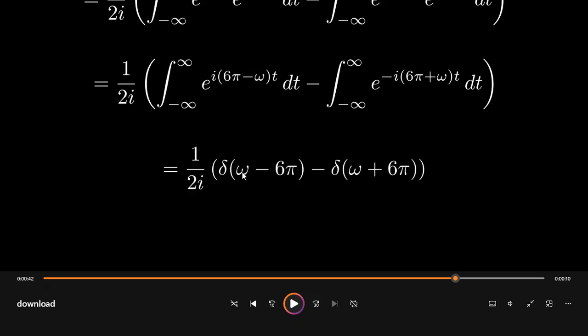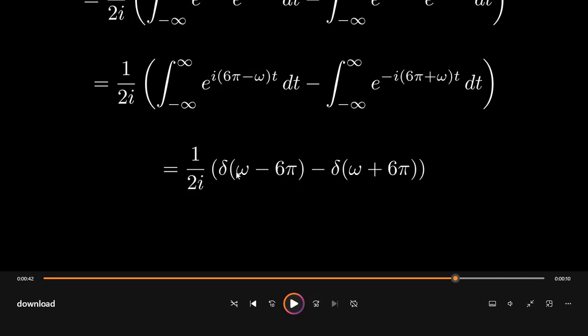So this integral is replaced by this, and this integral is replaced by this. What you should remember is that the Dirac function is 0 everywhere except at 0. So the Fourier transform, which is this, is 0 everywhere except when the value here is 0 or the value here is 0.